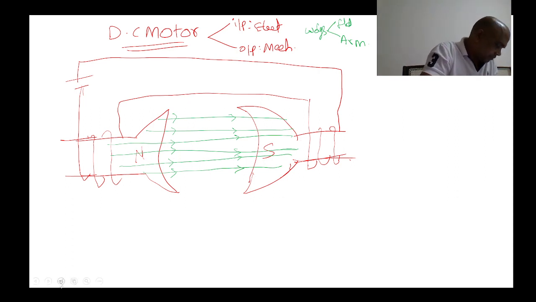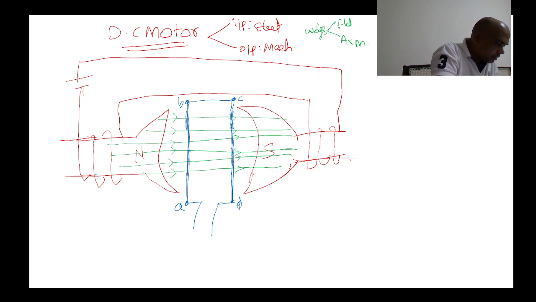After that, this is armature conductor AB.